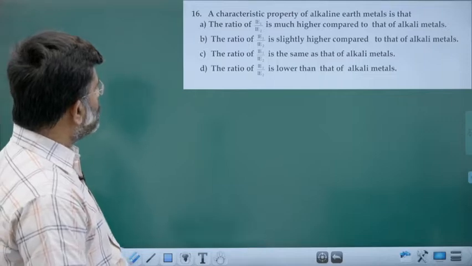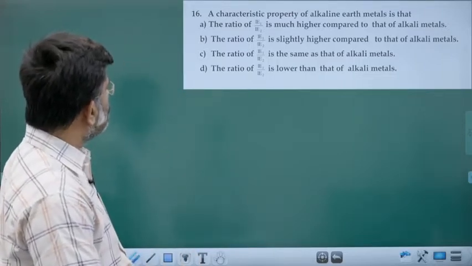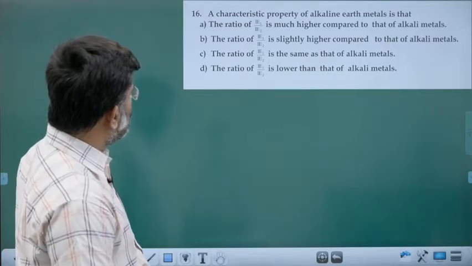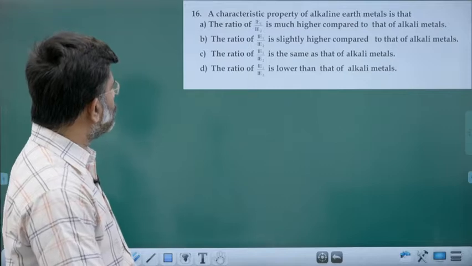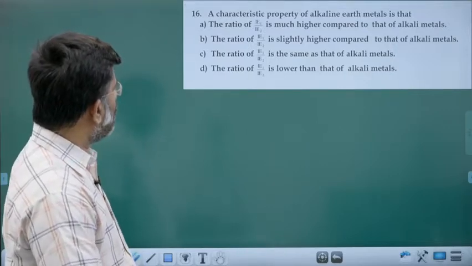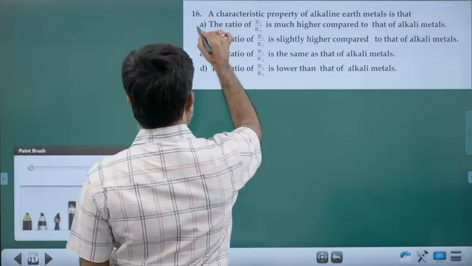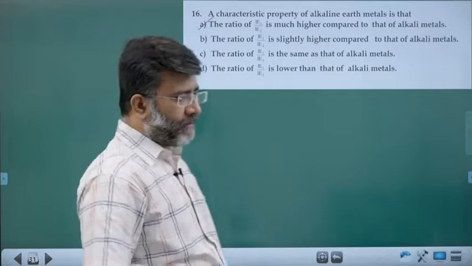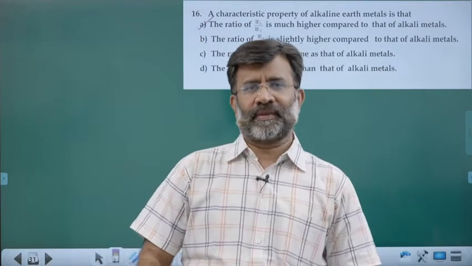A characteristic property of alkaline earth metals is that the ratio of IE1 by IE2 is much higher compared to that of alkali metals. Yes, first choice itself is the correct answer. You know, IE1 for alkali metals is low.